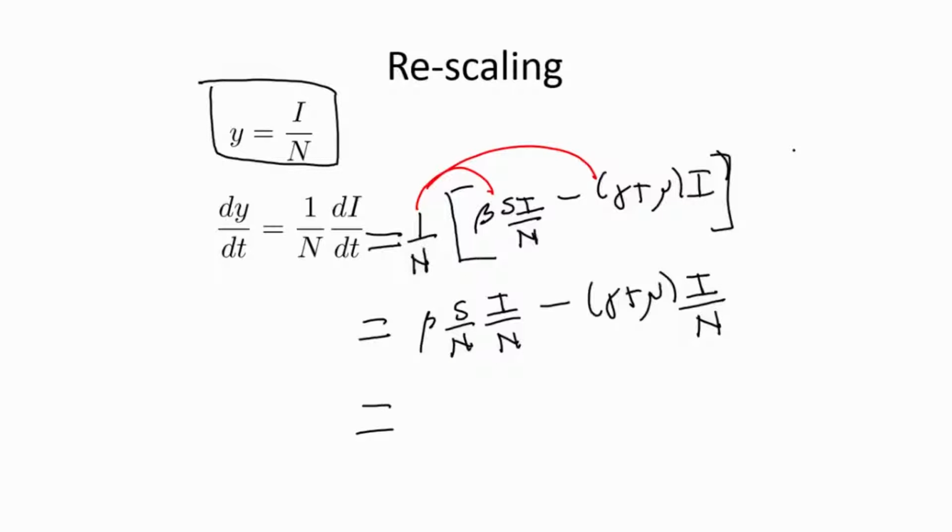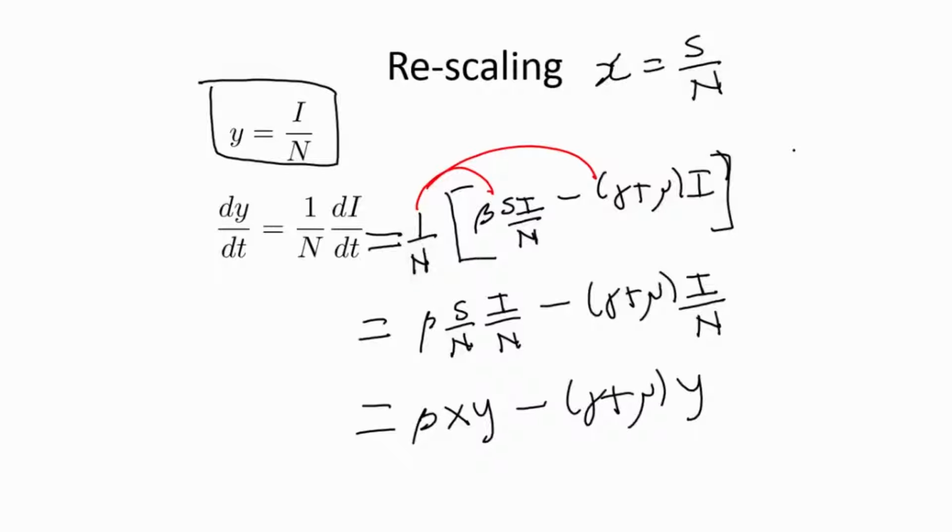So remember that x is s divided by n, so we can write this as beta x y minus gamma plus mu times y, and this will be the derivative of y with respect to t. Okay, so this process of dividing by a constant or multiplying by a constant is what in mathematics is typically called rescaling, because you're bringing quantities to a new scale.